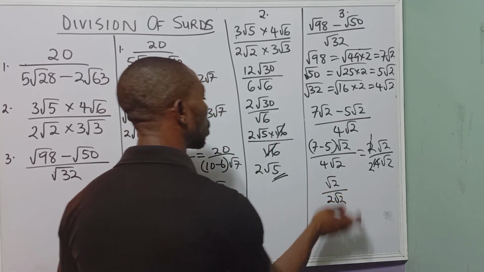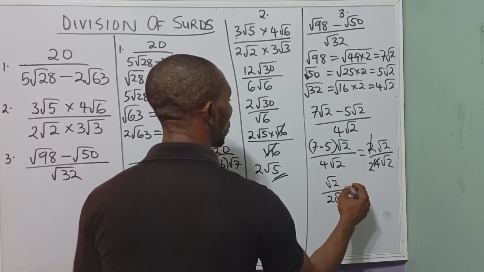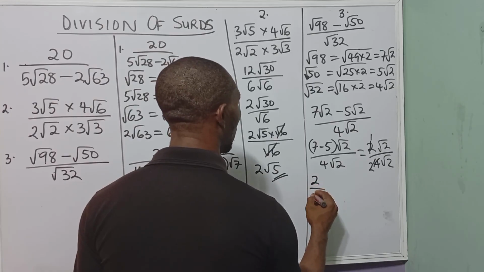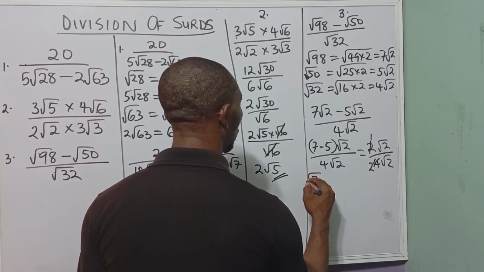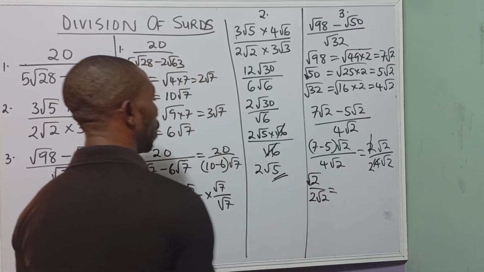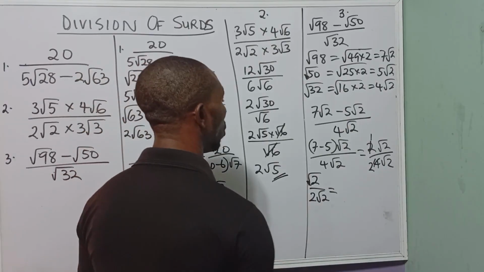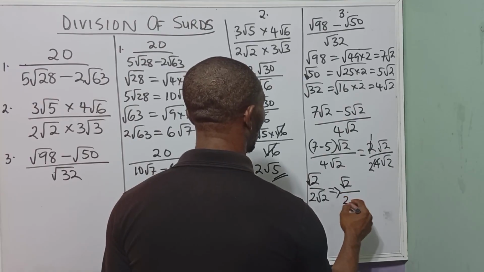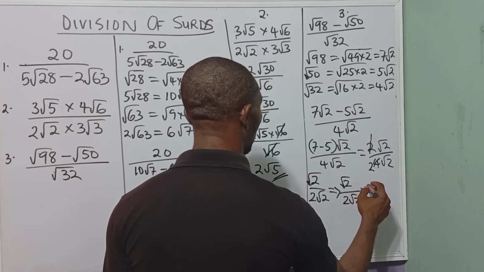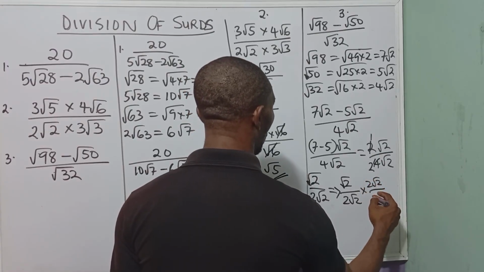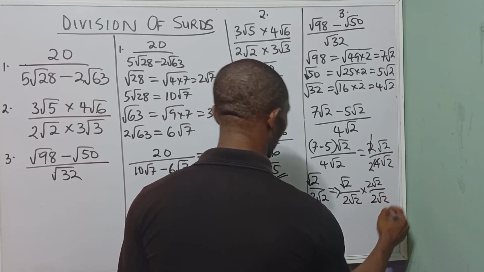Now multiplying both up and down by root 2, we can eliminate this root sign below, so it becomes root 2 over 2 root 2 times root 2 over root 2.